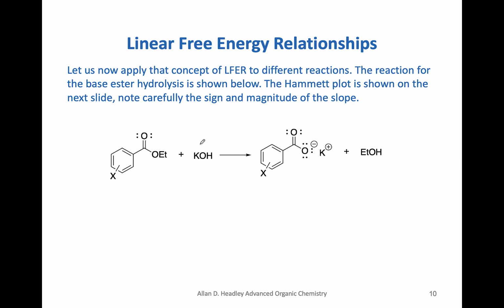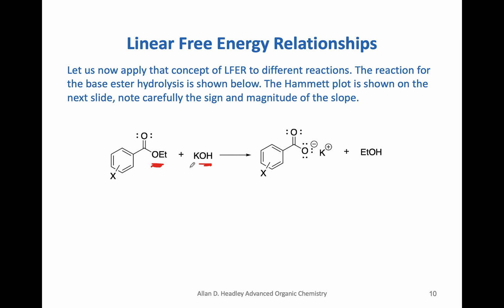Okay, let's apply this to a different reaction. So this is now the ester hydrolysis and not the equilibrium constant or the ionization of benzoic acid. As you can see here, this is an ester, KOH.